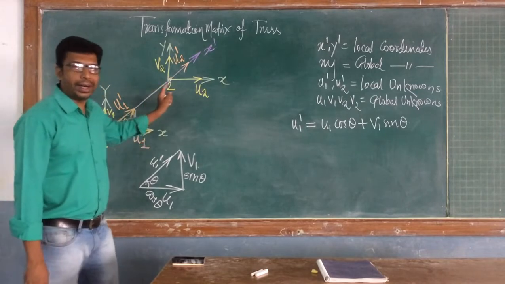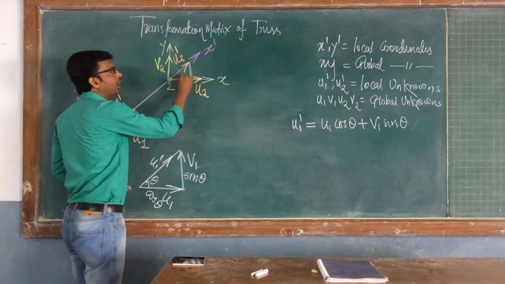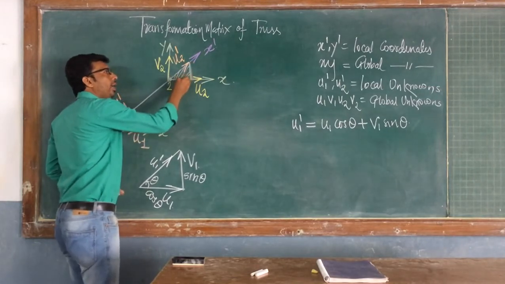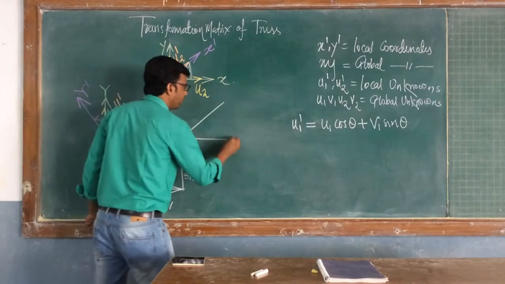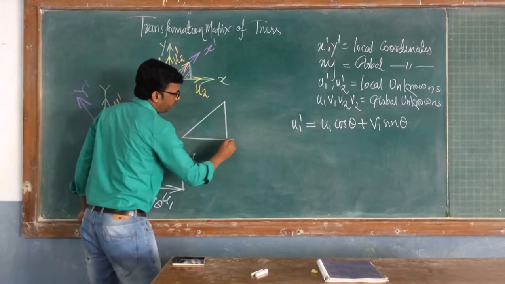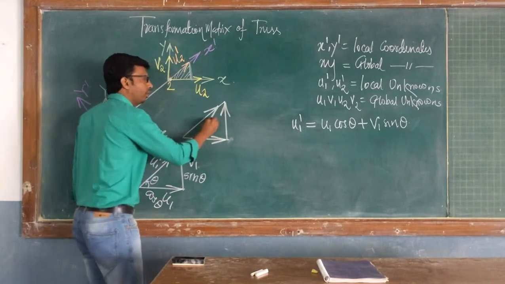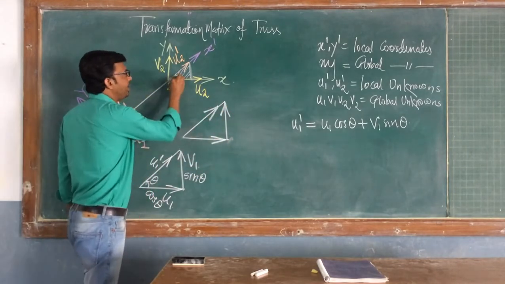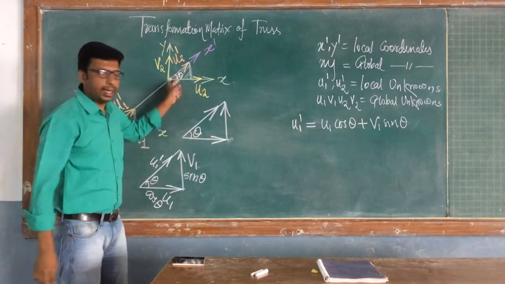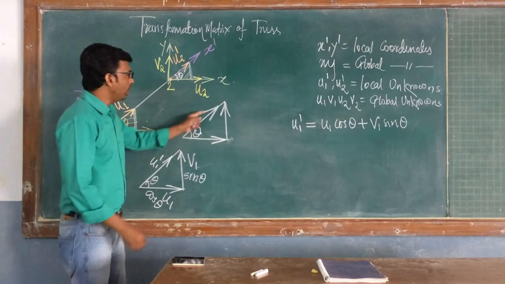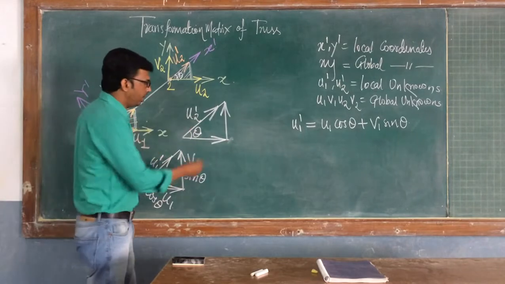Similarly, if you draw a triangle at joint number 2, if you draw a perpendicular and consider this triangle, this angle is again theta. The diagonal is u2 dash.